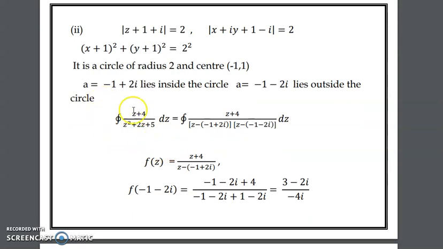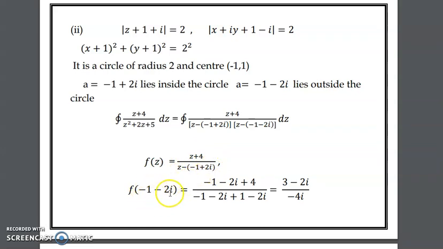So integral z plus 4 divided by z square plus 2z plus 5 into dz equals integral z plus 4 divided by z minus of minus 1 plus 2i, z minus of minus 1 minus 2i, dz. So here f of z: the outside term is omitted, and we take the inside value, so z plus 4 divided by z minus of minus 1 plus 2i.